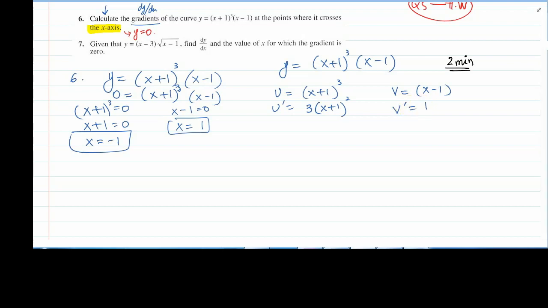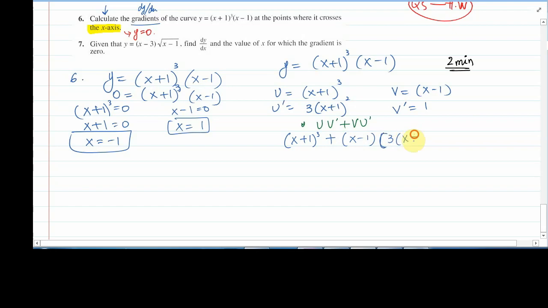Now the working formula is u derivative of v plus v derivative of u. U is what? U is x plus 1 whole cube, derivative of v is 1, plus v is what? V is x minus 1. Derivative of u is 3 times x plus 1 whole square. That is your derivative of this function.